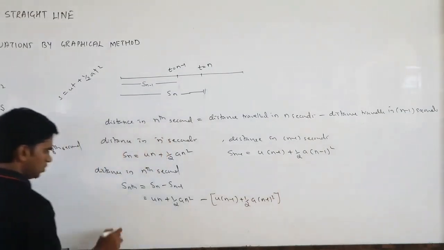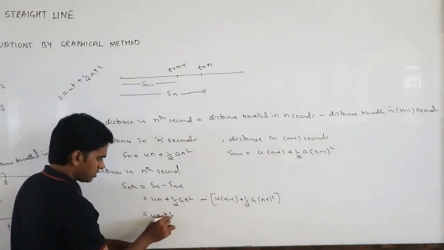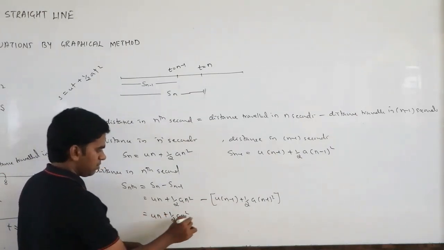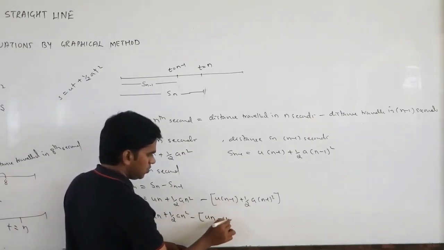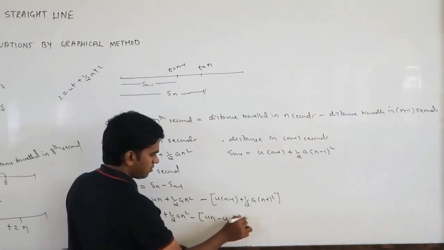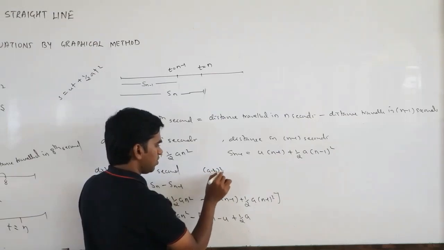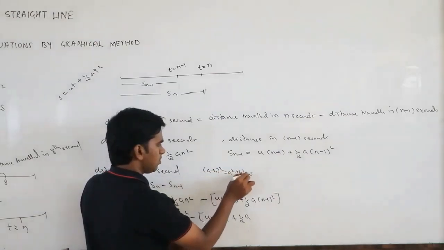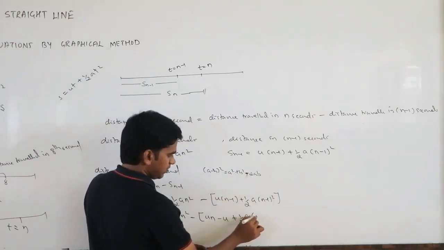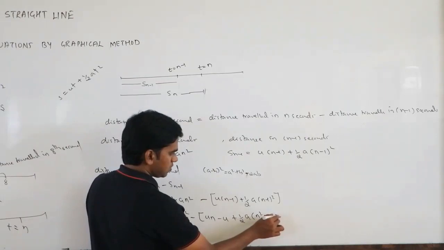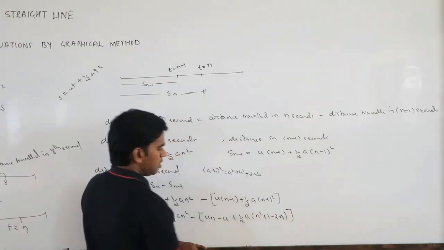Okay. So just multiply all those things. So un plus half an square minus un minus u plus half a into n minus 1 the whole square. Here a minus b the whole square is a square plus b square minus 2ab. So you can write n square plus 1 minus 2n.